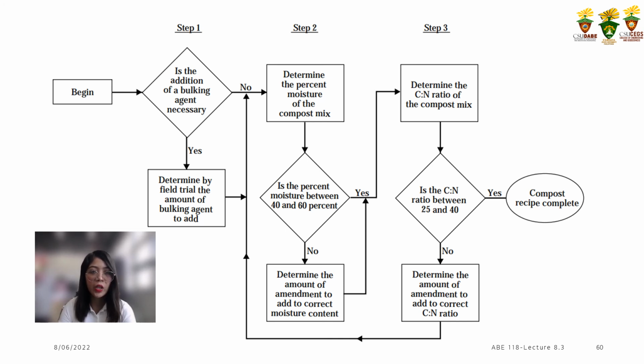So the CN ratio is again checked and the process may be repeated. So after a couple of iterations, the mixture is normally acceptable. So the earlier figure is a mixture design process flow chart that outlines the iterative procedure necessary in determining the compost recipe. So we have step 1, step 2, and then step 3.